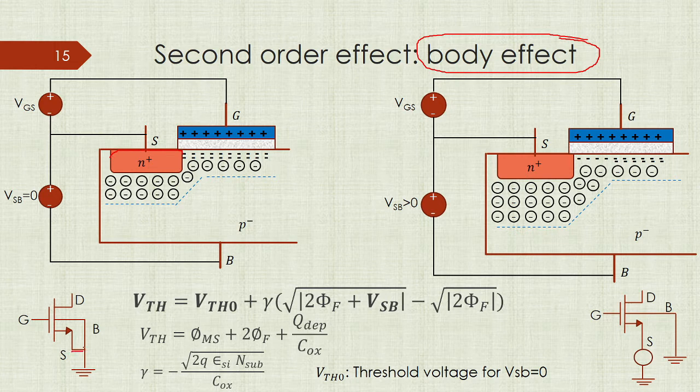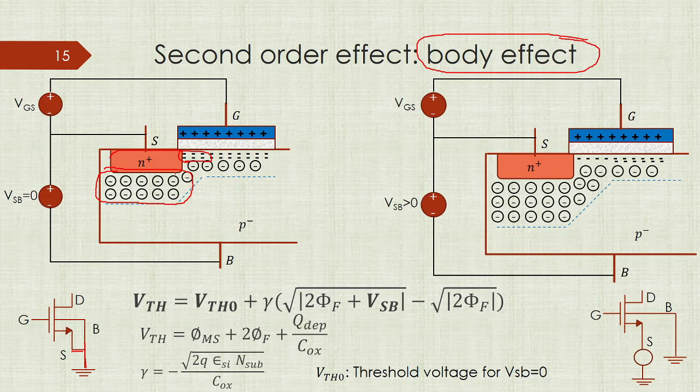First, when we have the source and the bulk connected to the ground terminal, we have a certain depletion region generated close to the source and an amount of free electrons also.